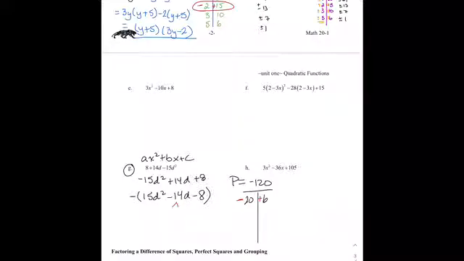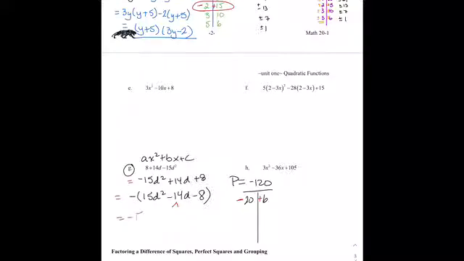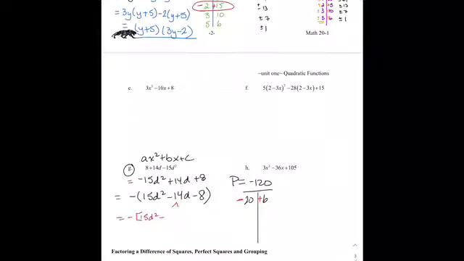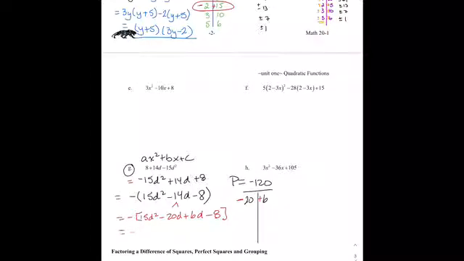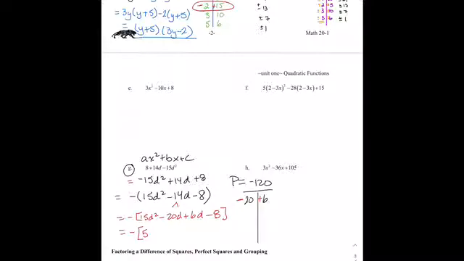So we would rewrite this, and of course this needs an equal sign, and we go negative 15d squared minus 20d plus 6d minus 8. And then let's factor out here. 15 and 20, looks like a common factor would be a 5, right? 5 would be our numerical common factor, and a d.